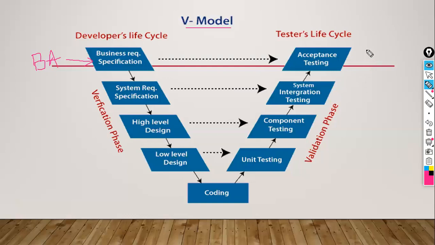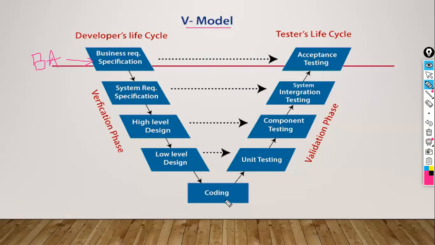So different types of documents they also prepare parallelly along with the development team. So one advantage that we have here is that testing team involvement is there from the starting of the project itself, right?